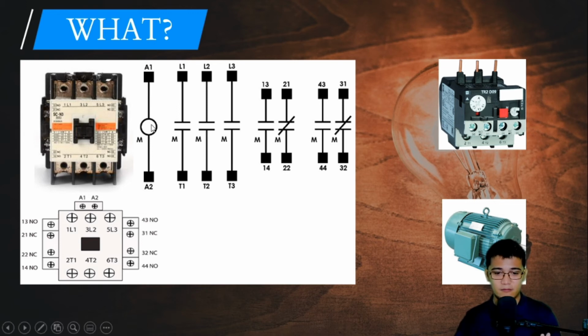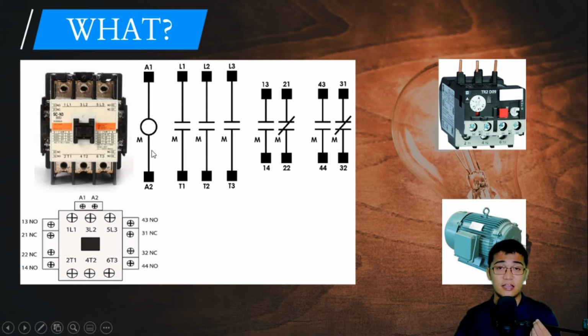Okay? You have these coil contacts. Malalaman ninyo on a contactor na coil contacts yan because of the designation. Okay? Yung A1 tsaka A2 na terminals. And this is the schematic symbol for the coil of our contactor.